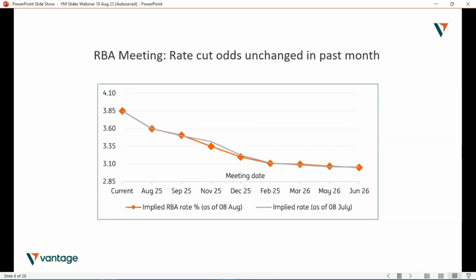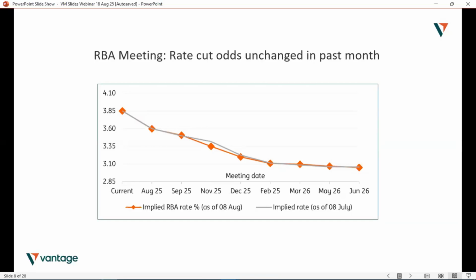Inflation, they said, continued to moderate, with updated staff forecasts suggesting that underlying inflation will continue to hover around the midpoint of the 2 to 3% target range, basically assuming an extension of the current gradual easing path that you can see here. The RBA judge that there's still a risk of households and firms delaying expenditure pending greater clarity on the outlook, which is of course key.